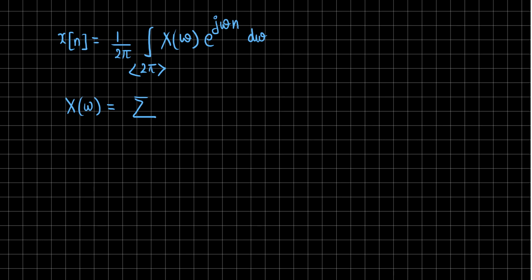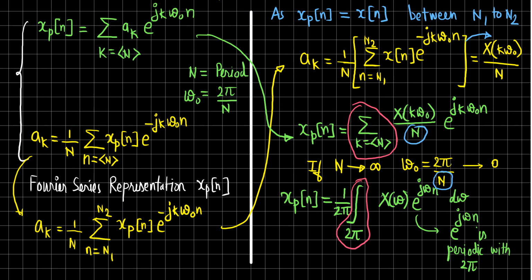You can see that we have defined this term here, capital X of k omega naught, as the summation x of n e power minus j k omega naught n. Now this has limits n1 to n2.